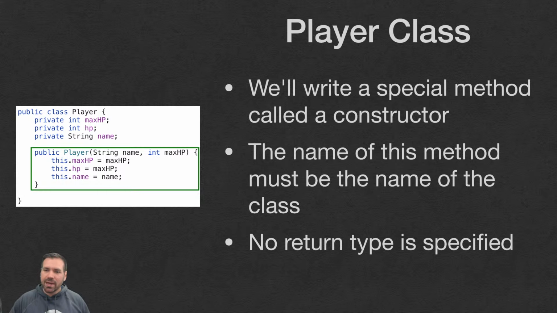Like if you say new ArrayList, you're getting a reference to the ArrayList that was created. Same thing here, we're going to say new Player, and then we'll get a reference to the Player object that was created on the heap. So the name matches the name of the class, and there's no explicit return type. Got those two things, you got yourself a constructor. Java is going to treat that method as a constructor.